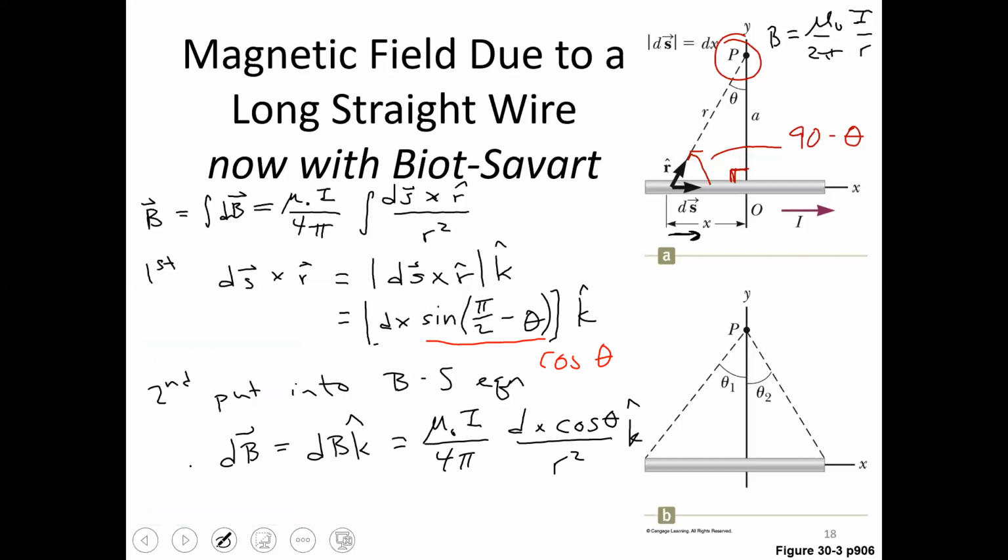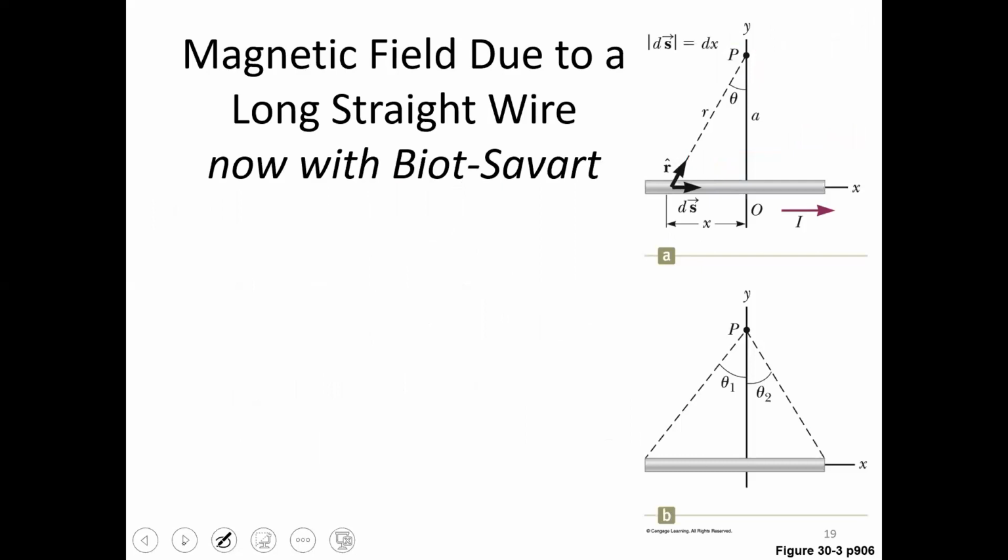All right, so we want to clean this up to one variable, right? We need to do an integral. We only want to be integrating over one variable. So we're going to use geometry here to do that. We're going to say that r is the hypotenuse of this triangle here.